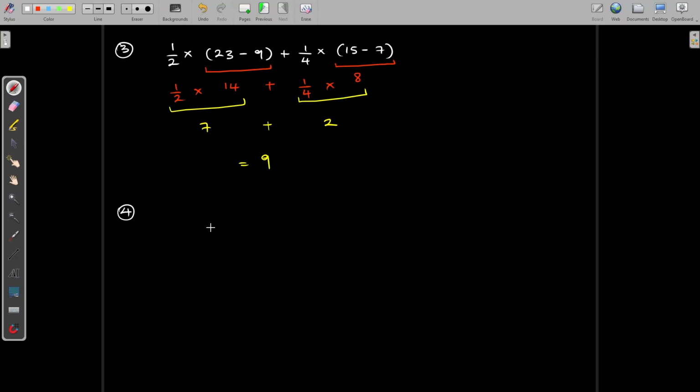Alright, so those are pretty easy. But how about this one? We have (3 squared minus 7) times (2 squared plus 8) squared. What's happening here now?